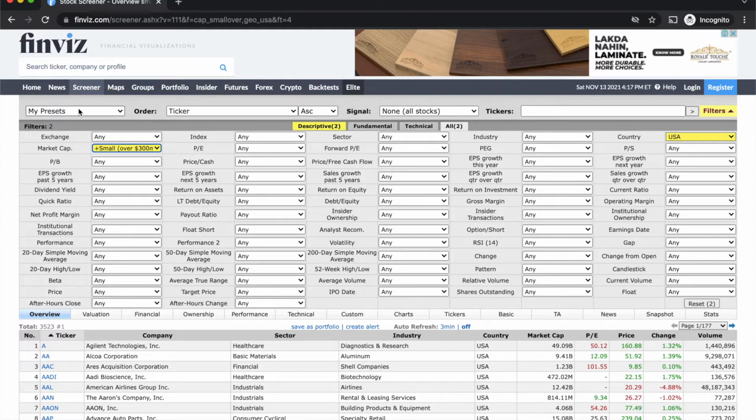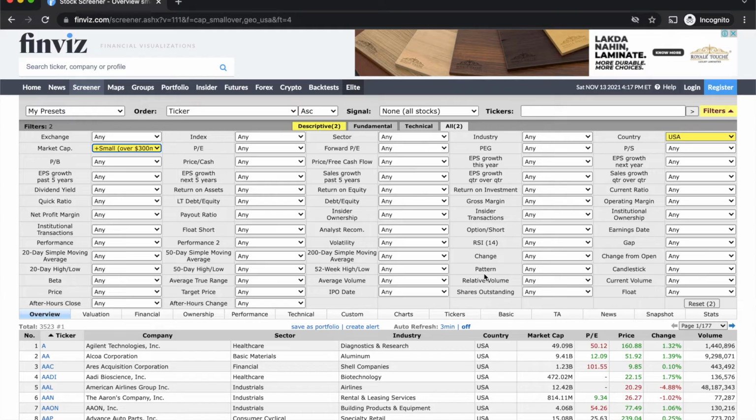If I put the filter at $2 billion, those companies which were actually above $1 billion but for some reason are trading at a discount right now, I will miss out on them. So bringing this filter one step down to pick up companies with a valuation of more than $300 million makes sure that I don't miss out on those companies because of the filter. So this is one setting.